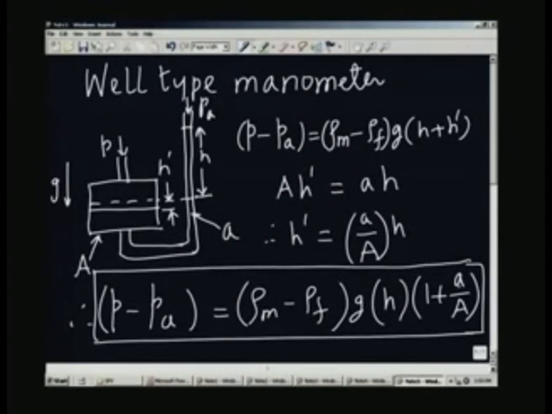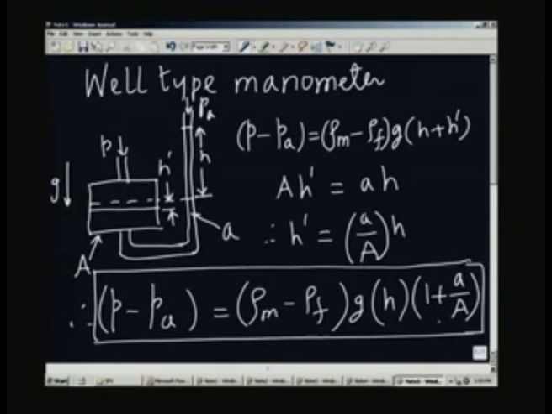If A is a few millimeters and A is a few centimeters, and if you remember, the area is proportional to the square of the diameter. If the diameter is, let us say, 3 millimeters here and it is 3 centimeters here, it will be 3 divided by 30 whole squared.